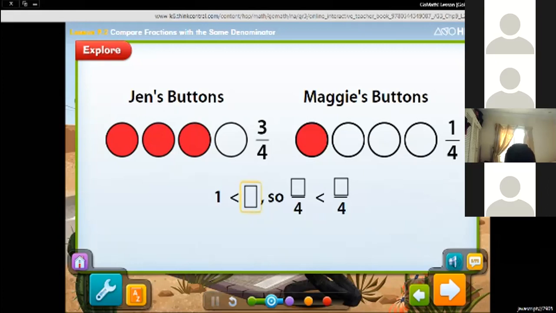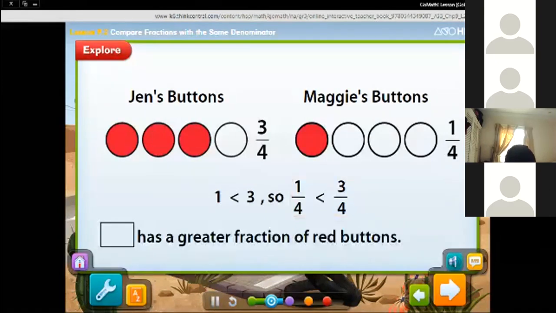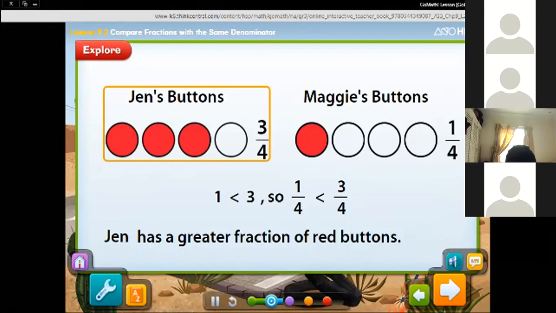I'm talking about the red buttons, only the red buttons. Only 1 for Maggie, and how many for Jen? 3. As 1 is less than 3, so 1/4 is less than 3/4. So who has a greater fraction of red buttons? Jen. Jen has a greater fraction of red buttons.